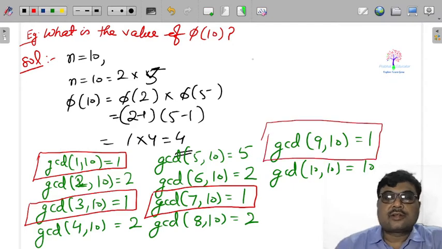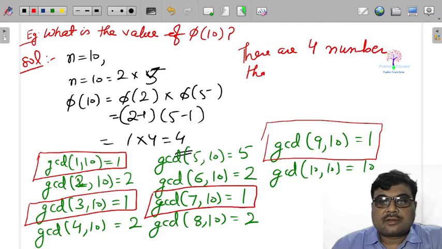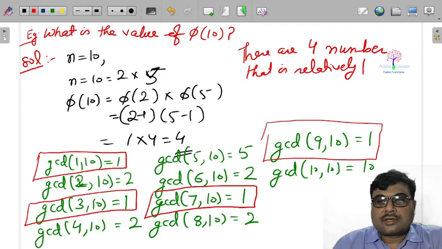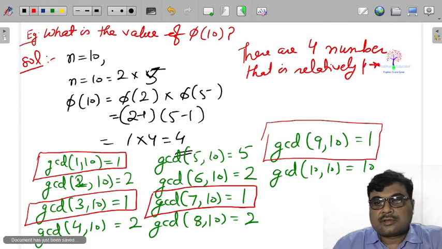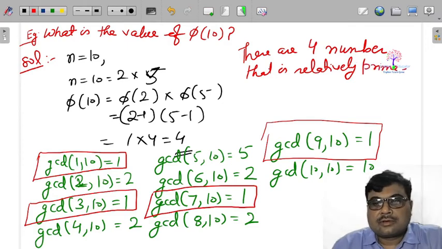So there are 4 numbers that are relatively prime to 10.